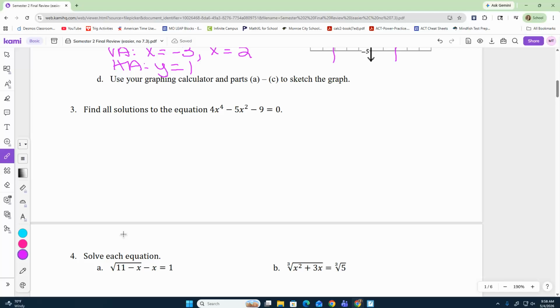All right, number 3. This is like a quadratic, so we can start by doing slip and slide. X to the 4th would break into x squared. What multiplies to negative 36 and adds to negative 5?